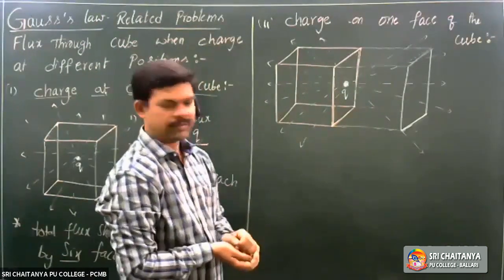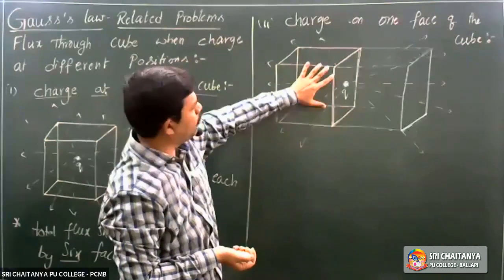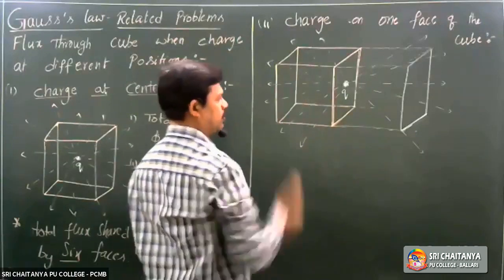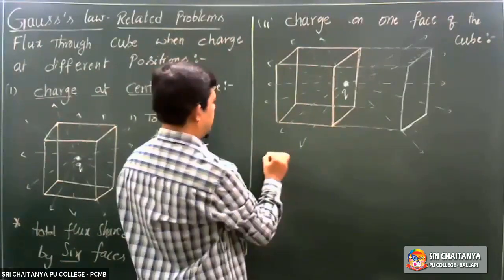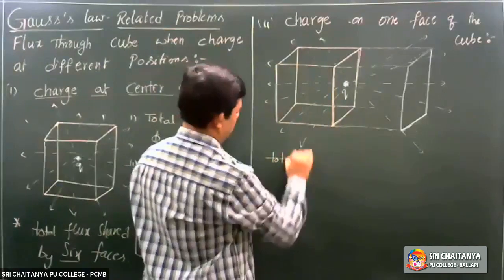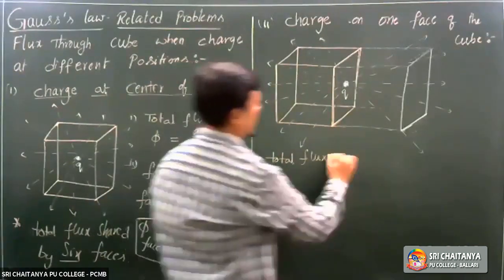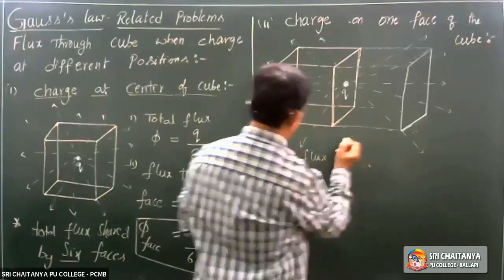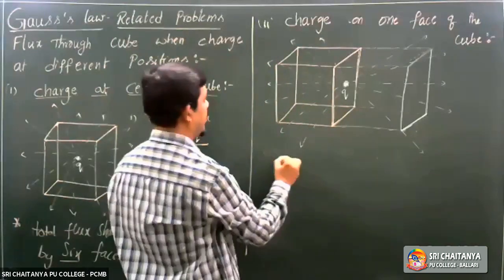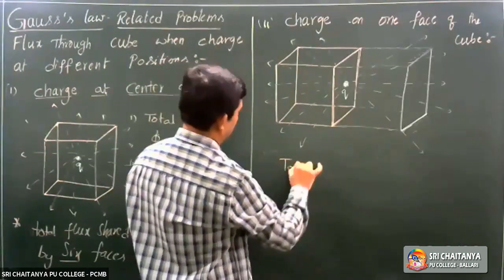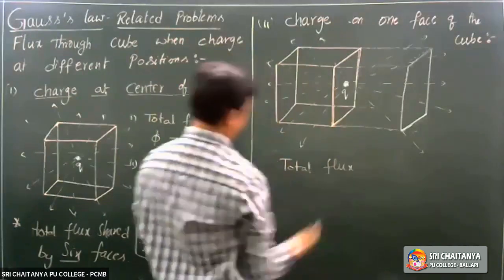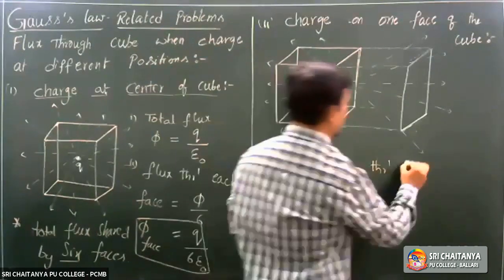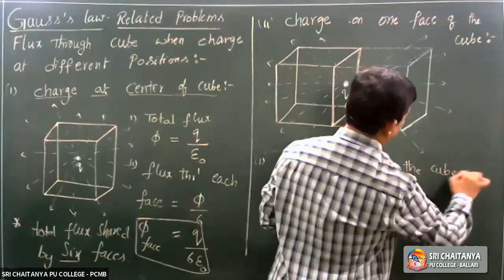What is our question? What is the flux through this cube when the charge is placed on its face? Total flux, so directly I am writing, flux through the cube.